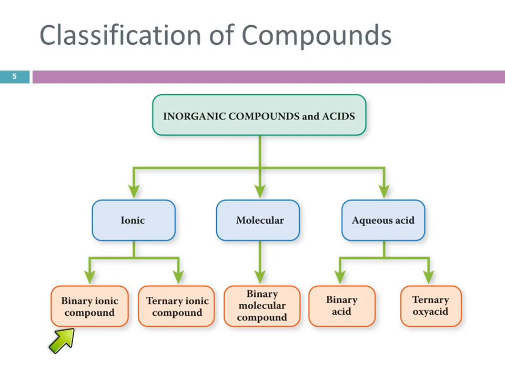Ionic compounds are broken down into binary containing two and ternary containing three elements. At least one has to be a metal and one a nonmetal. Molecular, we're going to be talking about the binary molecular compounds, two nonmetals. Aqueous acids, binary acids, hydrogen and one nonmetal. Ternary acid, hydrogen, oxygen, and one nonmetal.